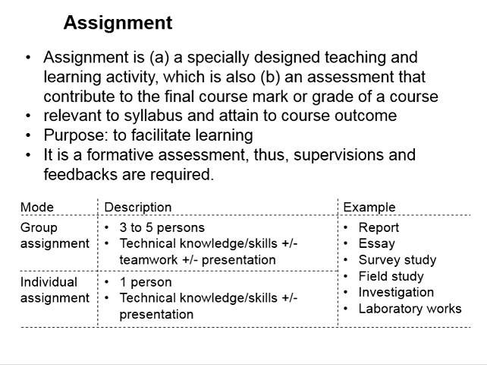Now, when group assignments are involved, the components in the assignment shall include technical knowledge or skills, teamwork, and also presentation. The teamwork is due to you having more than one person in the group. As for the individual assignment, we can have technical knowledge or skills with or without presentations.